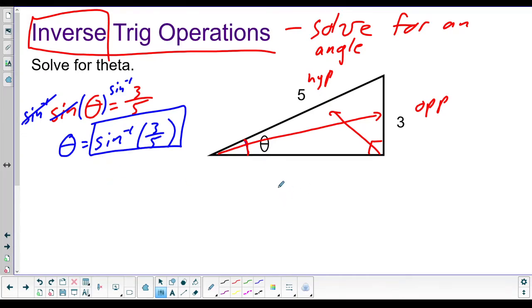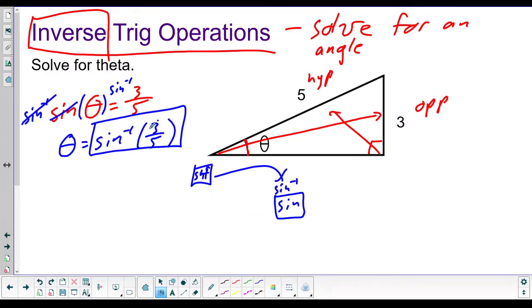Usually on your calculator you'll have a sine button, and then right above it in a different color it'll have that. So you'll probably have to press the shift button, and then that button, and it'll give you the inverse.